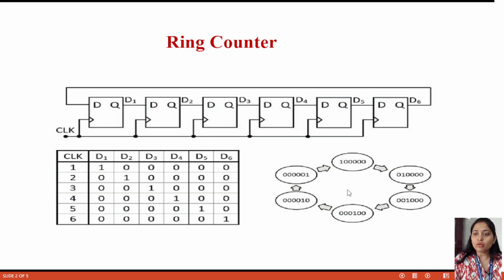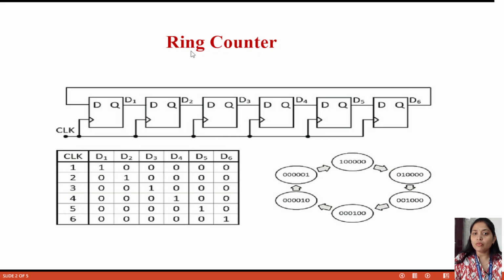First of all, you can see this is my first bit, that means 1 0 0 0 0 0. This is 6-bit. I have started with this. On the next clock pulse, what will happen? D6 is 0.